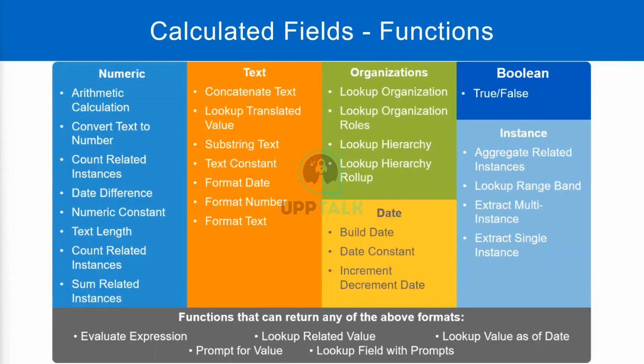Date difference is the function that we are going to use. And what type of output will date difference give me? It will be a numeric field, a number. It is going to give me the number of something: number of days, number of hours, number of years. The output type for date difference is numeric.